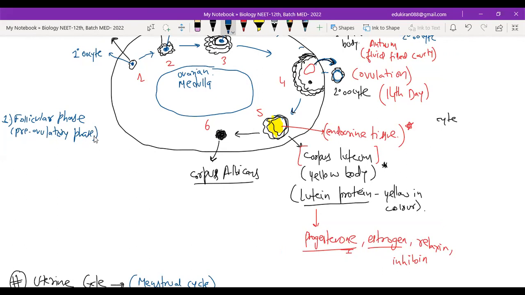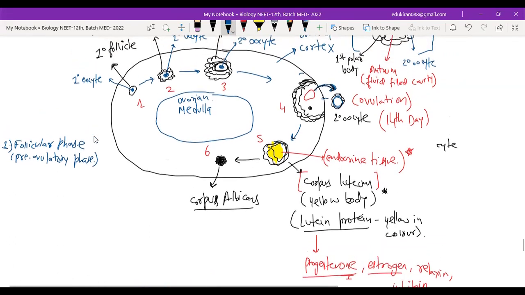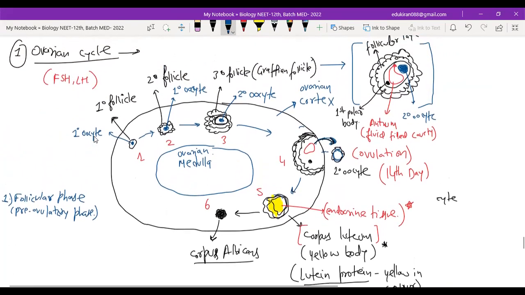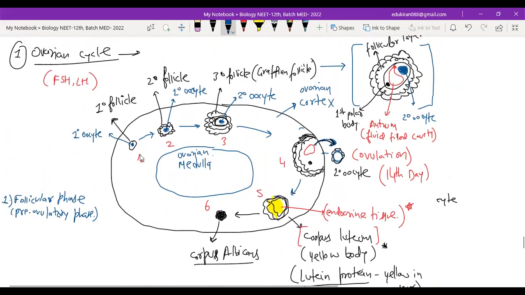Follicular maturation takes place in the ovarian cortex.